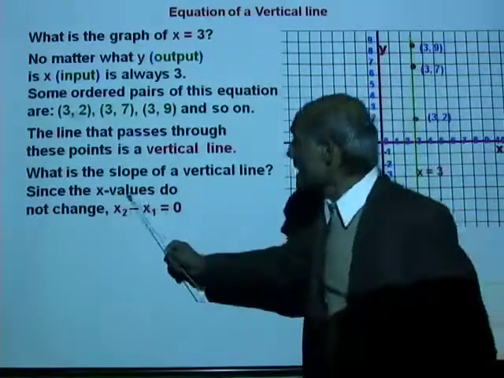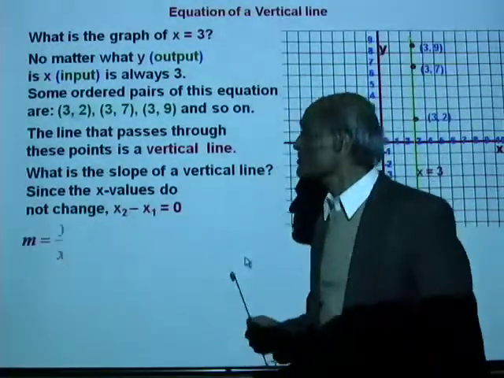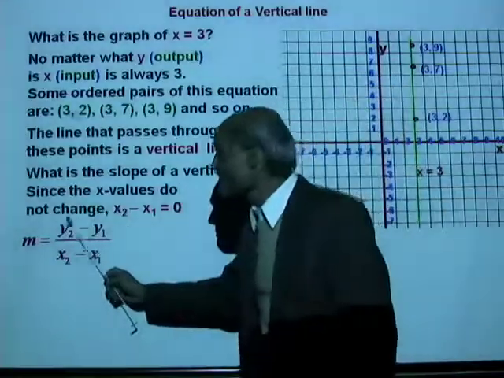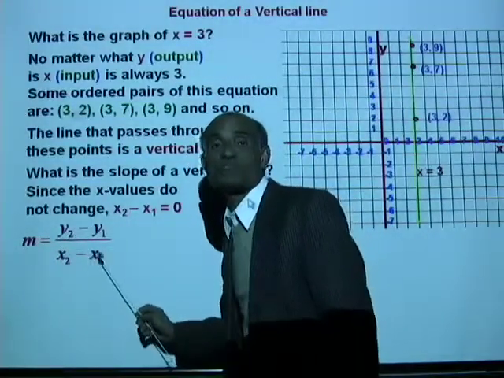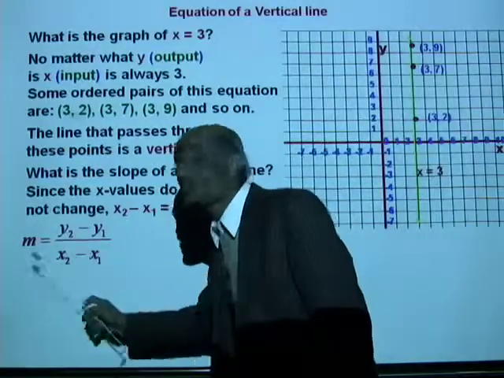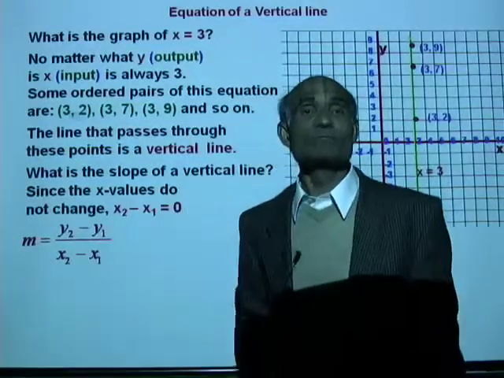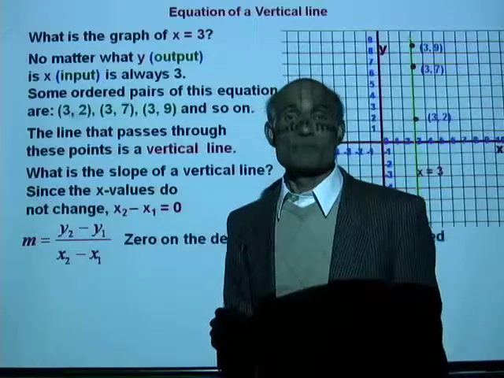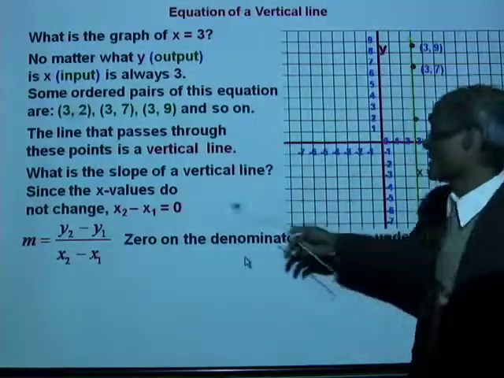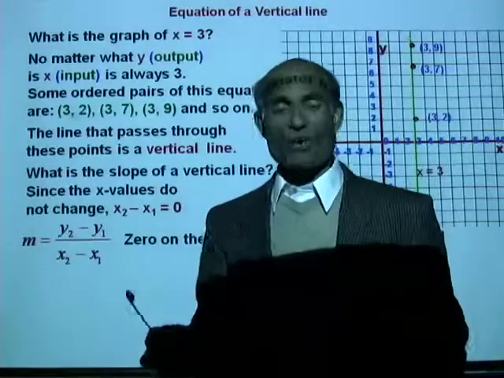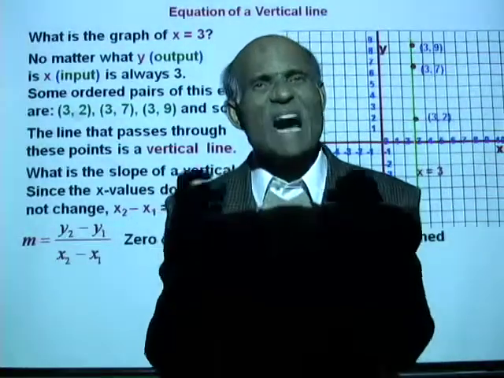Is that right? x2 minus x1 equal to 0. And what is the value of (y2 minus y1) over (x2 minus x1) when this x2 minus x1 is 0? Well, 0 in the denominator makes it undefined.